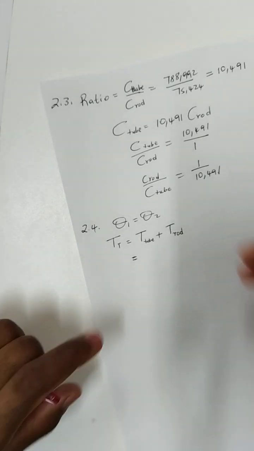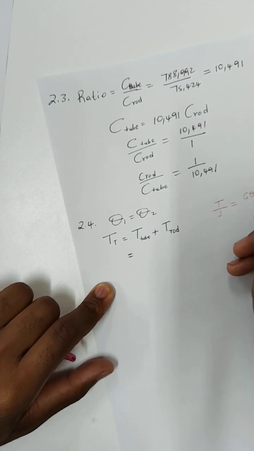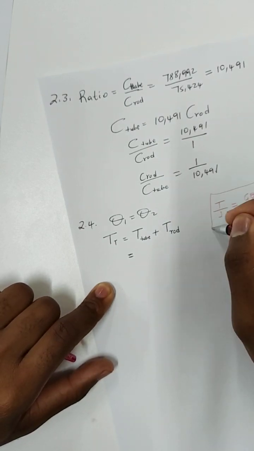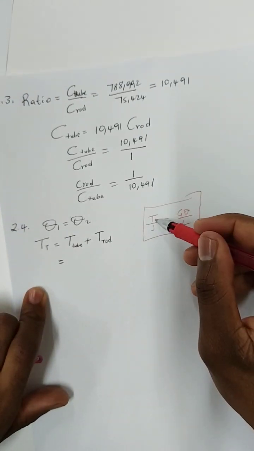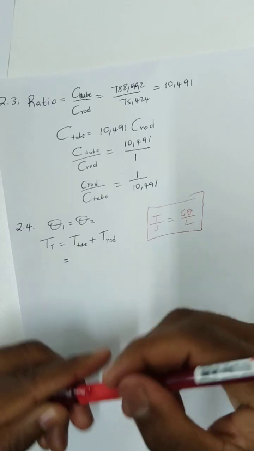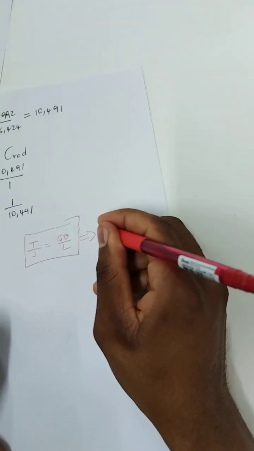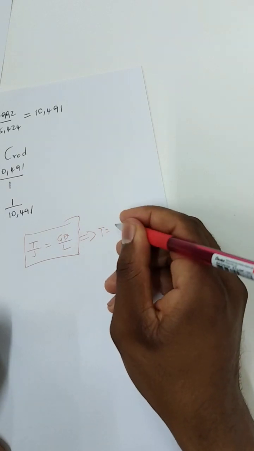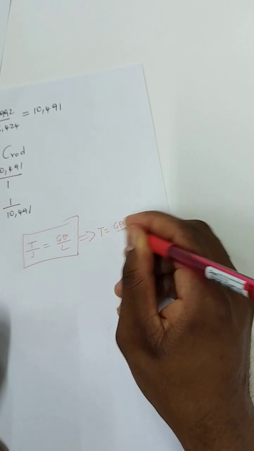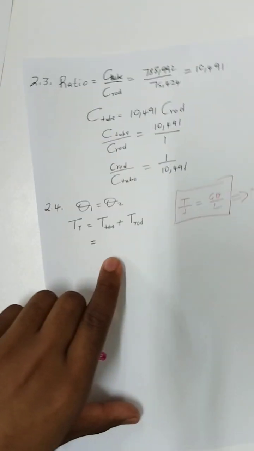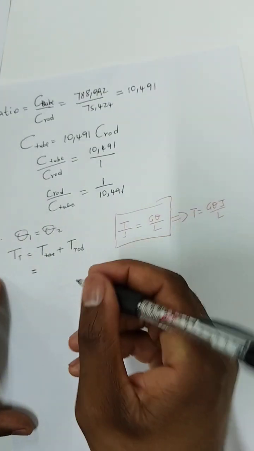Torque equation: T over J equals G theta over L. If you make torque the subject of the formula, you will have T equals G theta multiplied by J over L. So we're going to replace this torque by this.